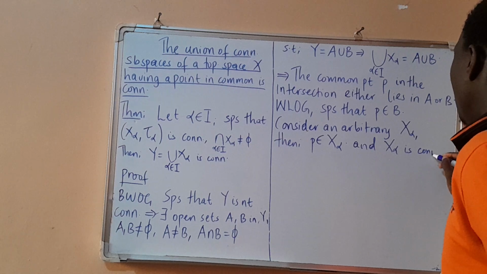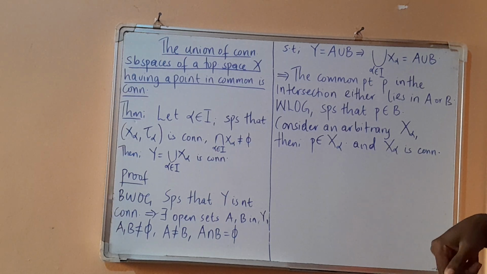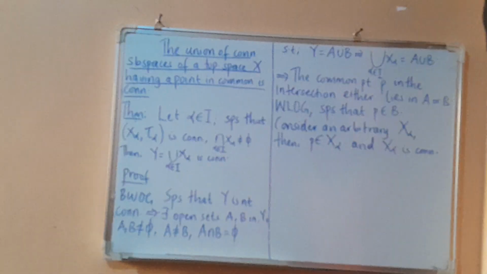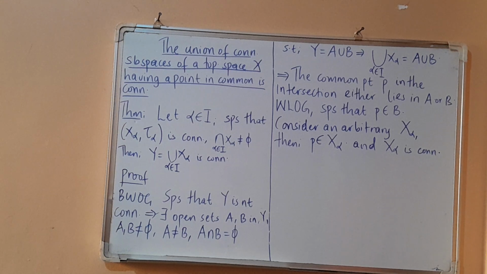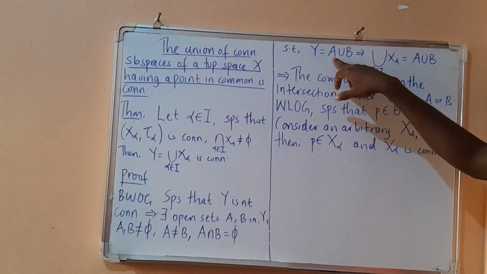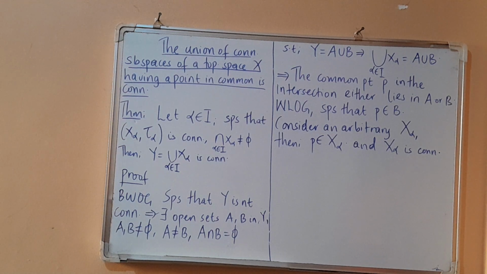P is in B, P is in X alpha, and X alpha is connected. X alpha is a subspace of Y, which has a separation. By the preceding theorem, proved in the previous video, we cannot have a connected subspace lying across a separation. So X alpha is a connected subspace and must lie either in A or B. Since P is in B and P is in X alpha, X alpha will be contained in B.